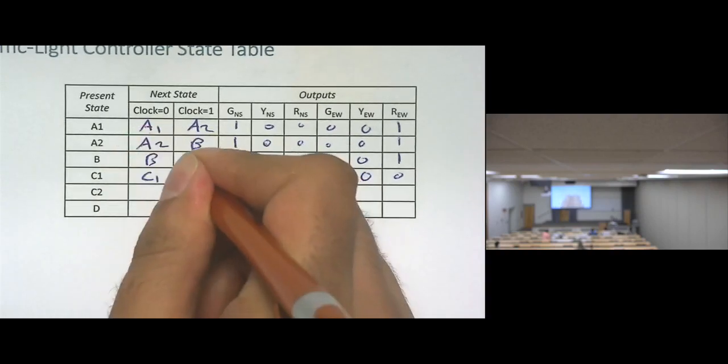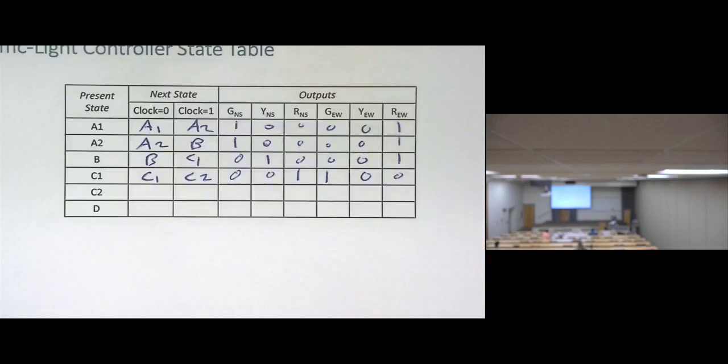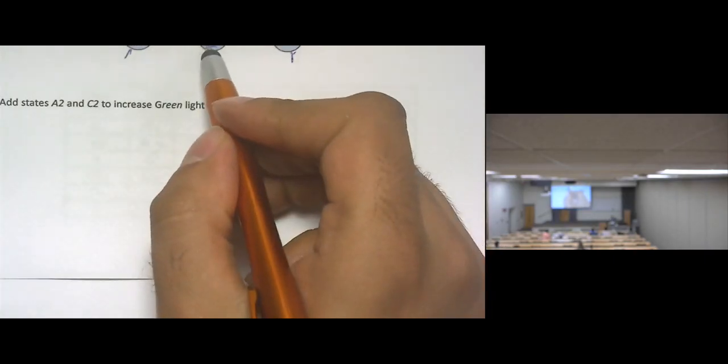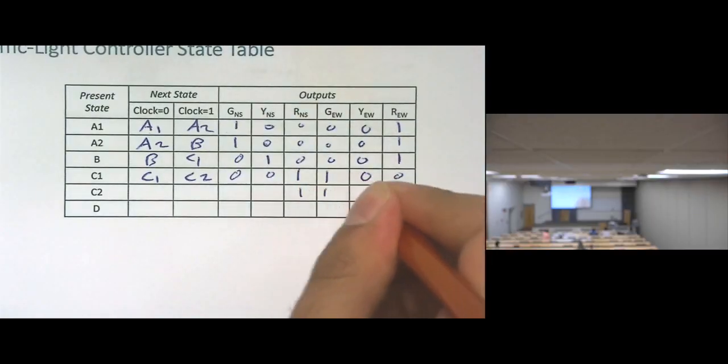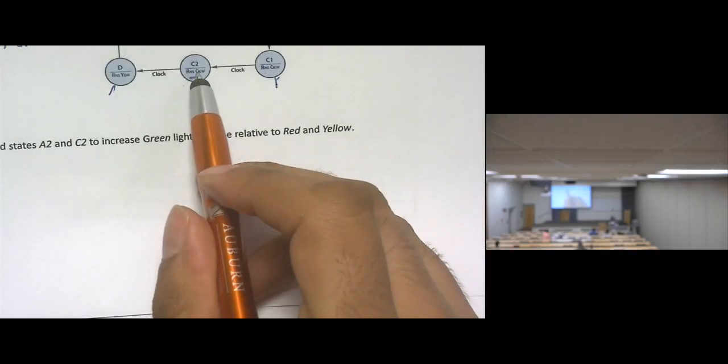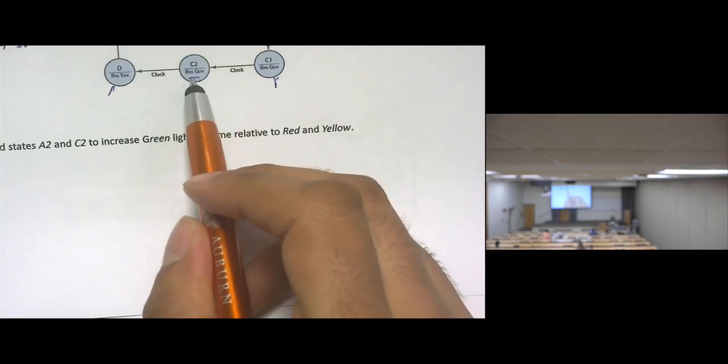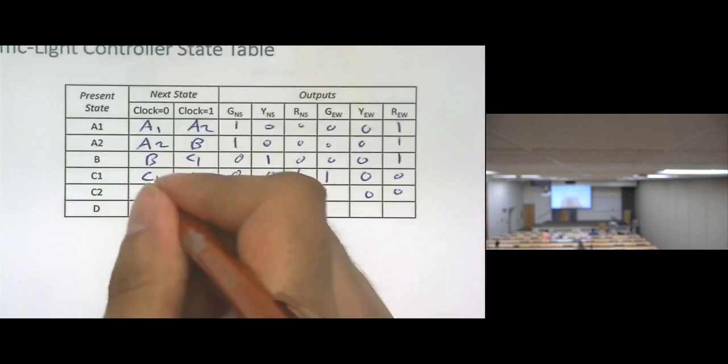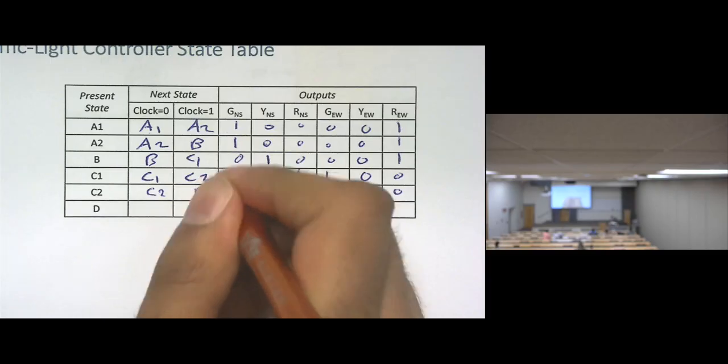If it is done, I will go to C2. Okay? At C2, red north-south is on, green east-west is on, which is similar to C1, and the others are zeros. When the clock is not finished yet, I will remain at C2. If it is finished, I will go to D. So here is C2, here is D.